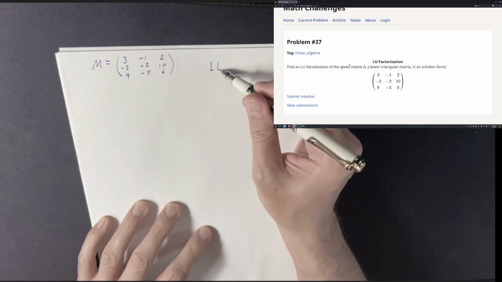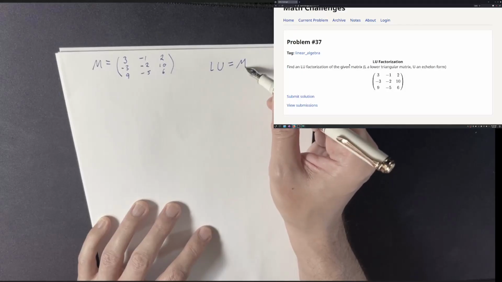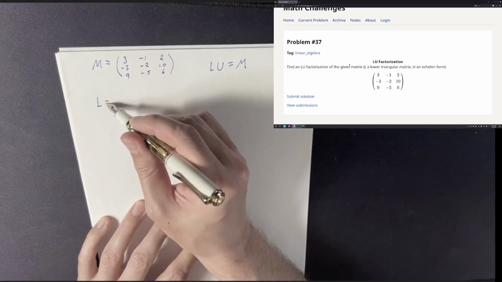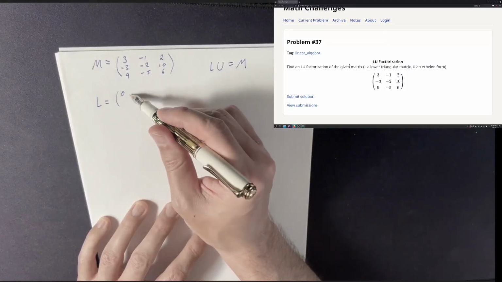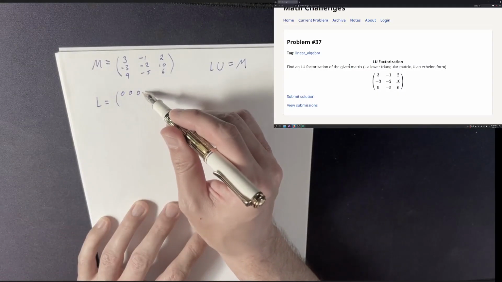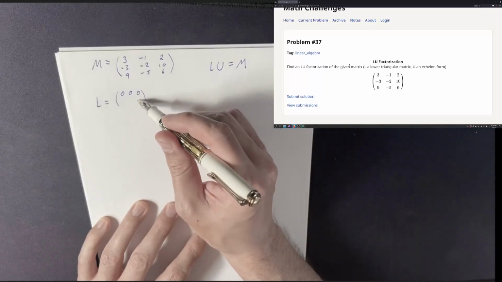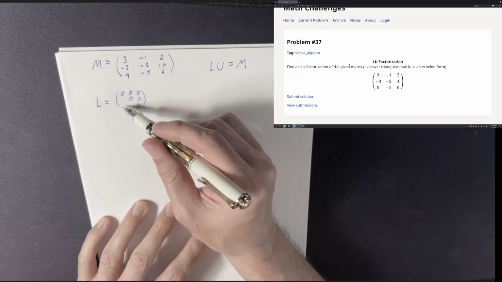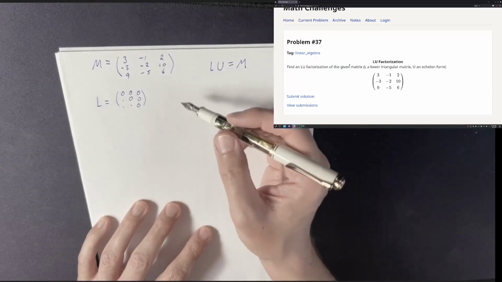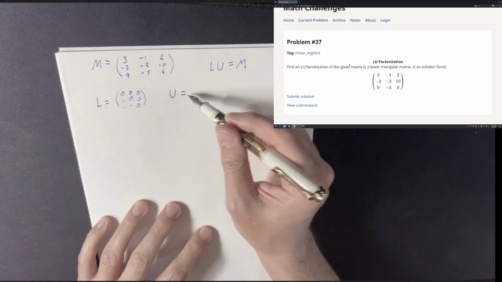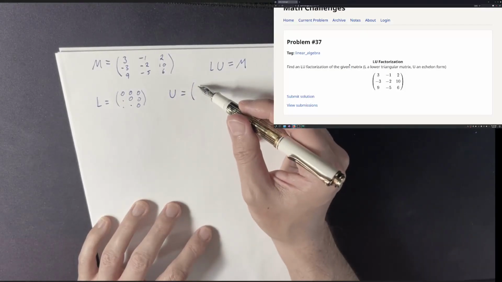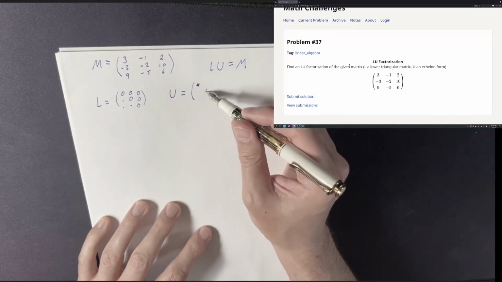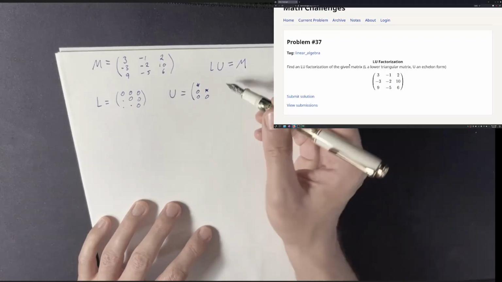We're trying to come up with 2 matrices which when multiplied give you back M, but also the structure of L has zeros in the top right, and we find these numbers. And then the structure of U is sort of the opposite. This doesn't have to have ones along the diagonal, just zeros in the bottom left is the point.